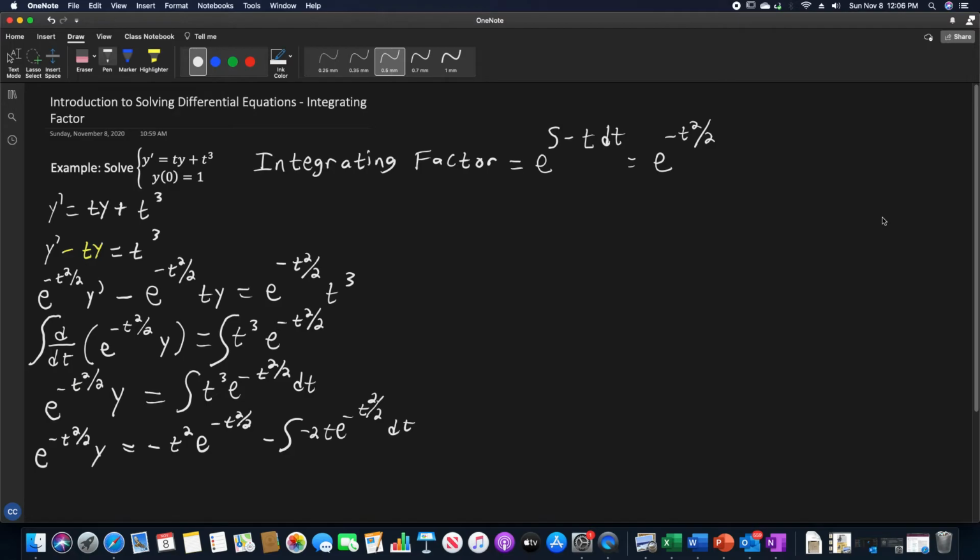Once again, because of that, we're going to have to take a second integral here, due to the way that the integration by parts works.